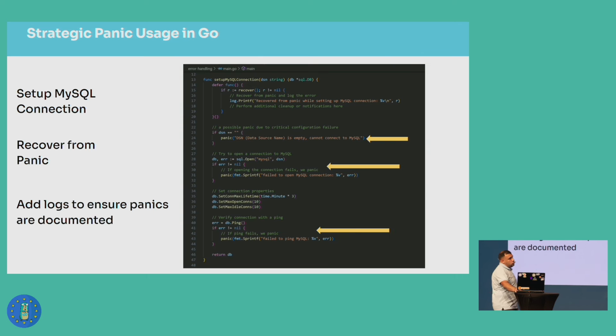While my application is running, I need to make sure it is still accessing the database. But then we need to recover from panicking and perform cleanup or notification for better problem handling.